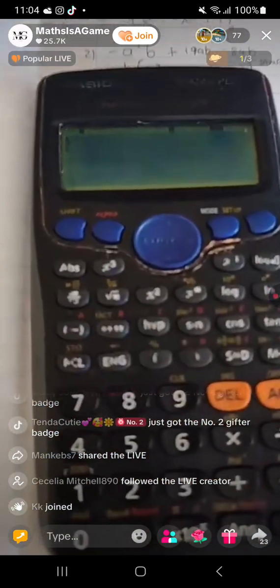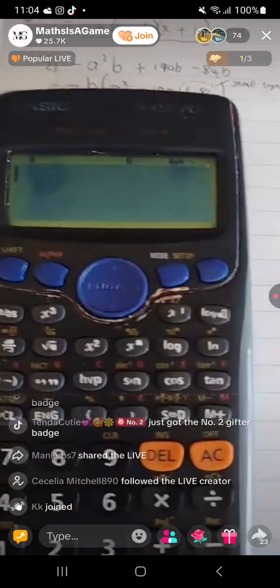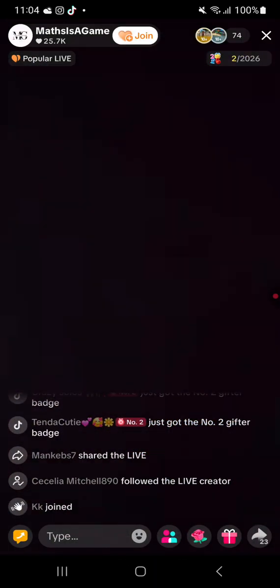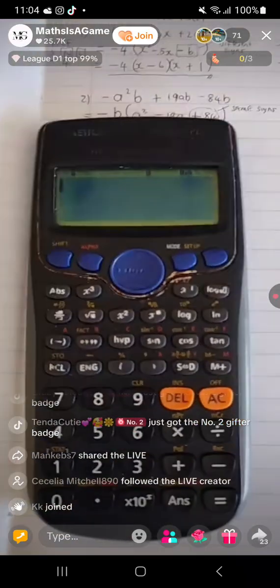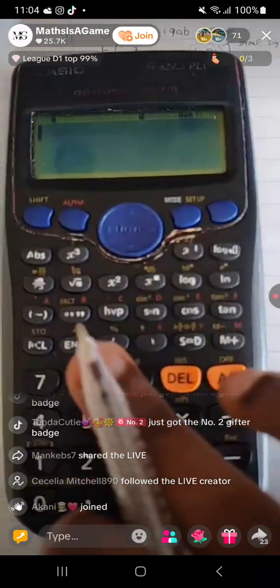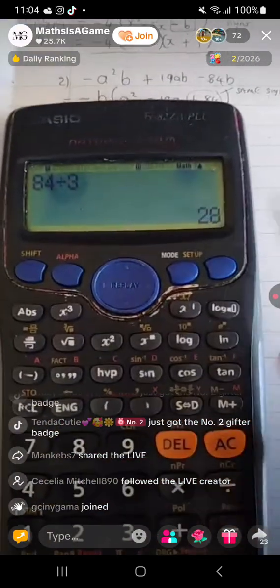If we are at a loss as to what the other ones are, our calculator is there to be used. So we can say 84 divided by 3 and check.